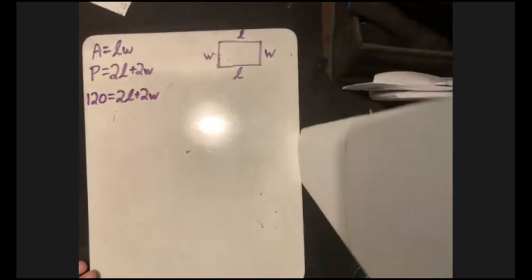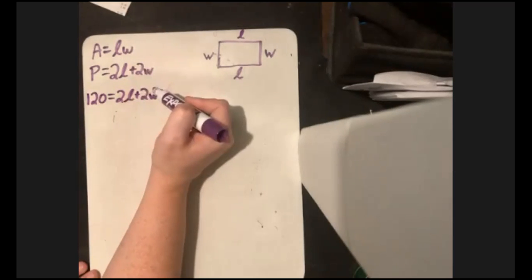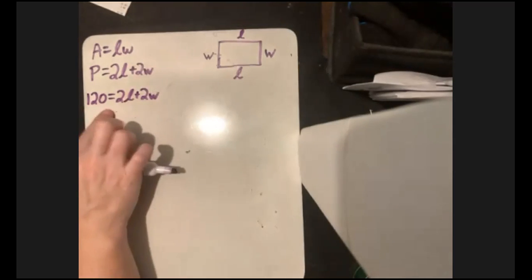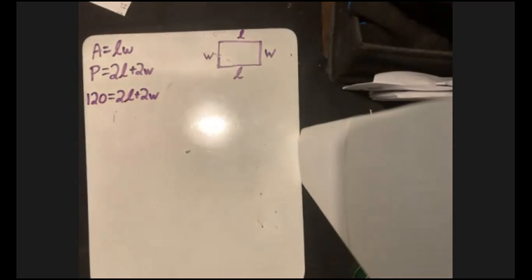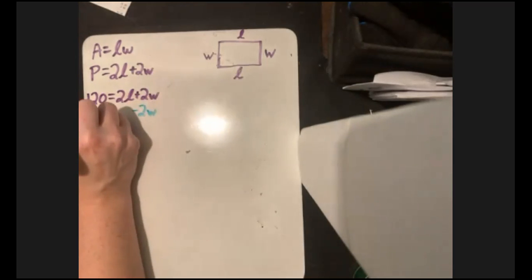So now, very similar setup to the one we had last time, slightly different operations going on here, but I still have that multiplication equation, and I have one that's a little bit simpler. So I'm going to work with solving this one, and I'm going to solve for one of the letters. It doesn't matter which one. I'm going to solve for L. So I'm going to start by subtracting my 2W.